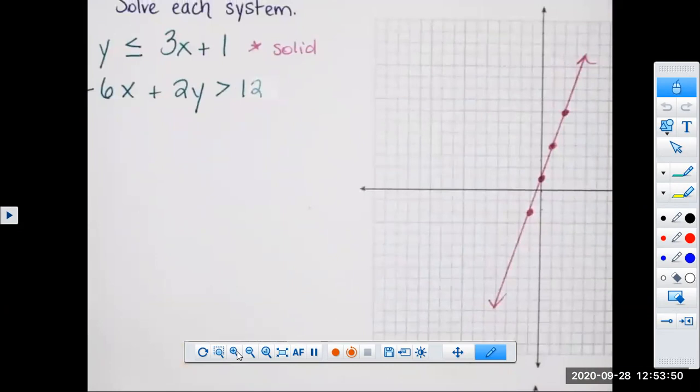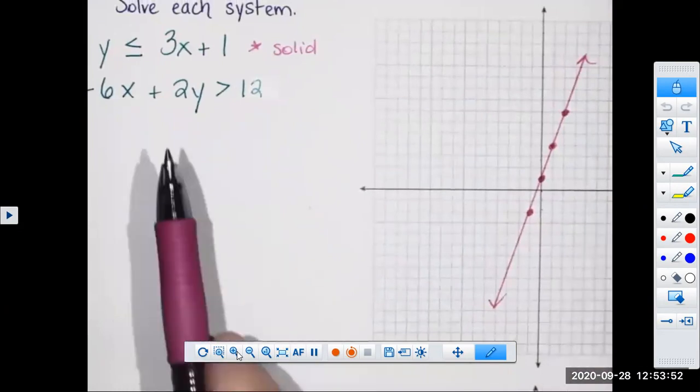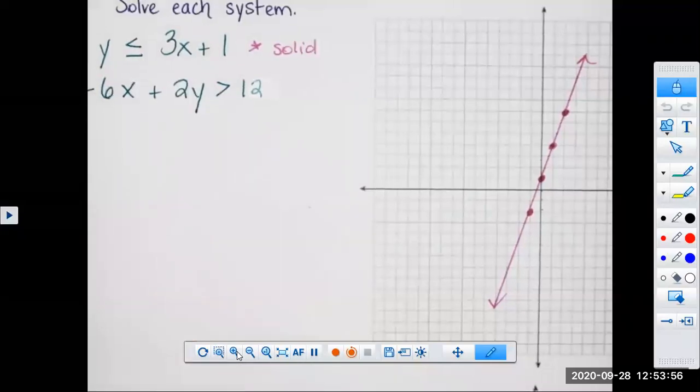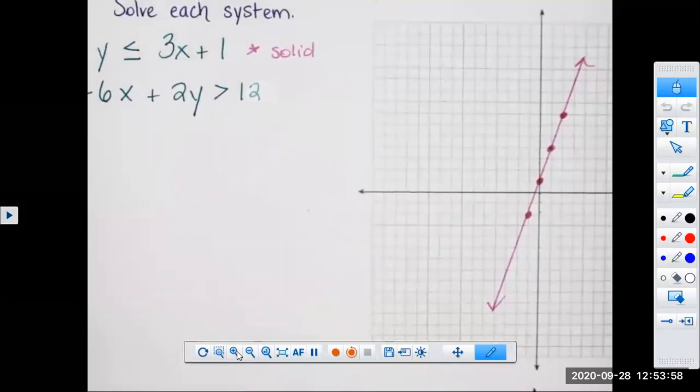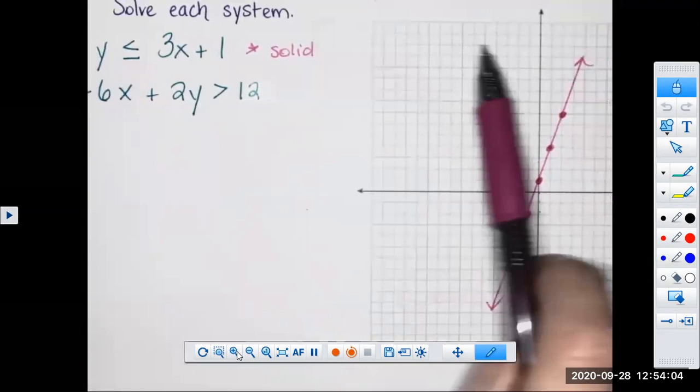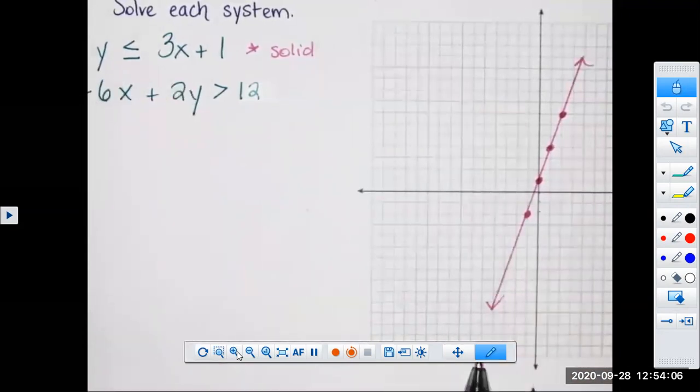That is where we're going to shade. And I'll show you an easy way to look at that. When y is solved for, those are the easiest to know where to shade. You really don't even have to pick a point and plug in. All you have to do is think, where is y less than my graph? Well, all the y's are less than your graph in this region. Does that make sense?